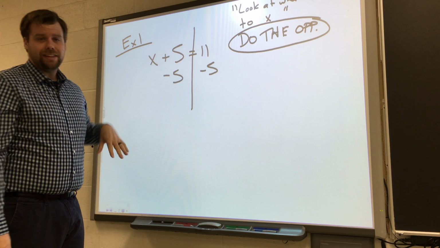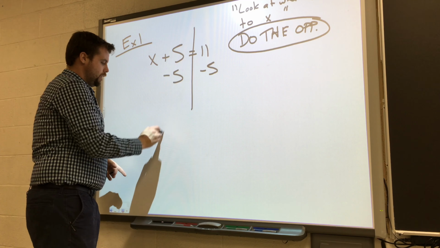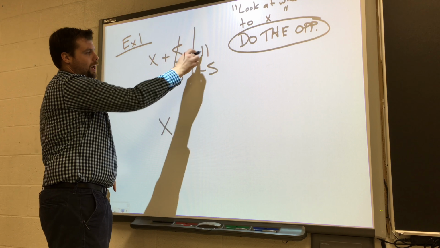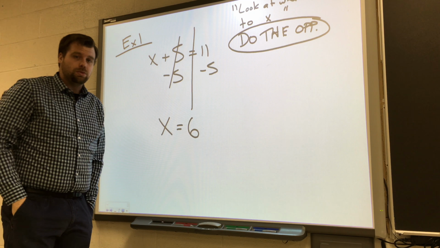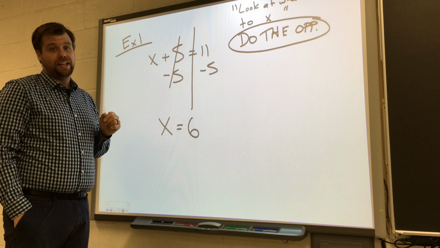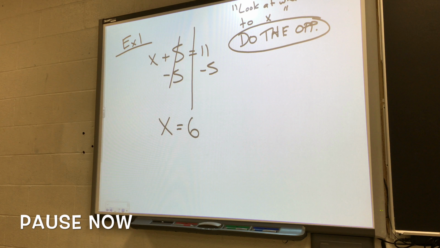I was adding 5 to x, so I need to subtract 5. 5 minus 5 cancels, and x is going to be equal to 11 minus 5, or 6. So x equals 6, and I can check by plugging 6 back in for x. 6 plus 5 equals 11. Good, done.